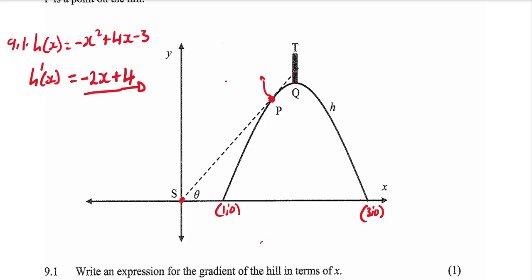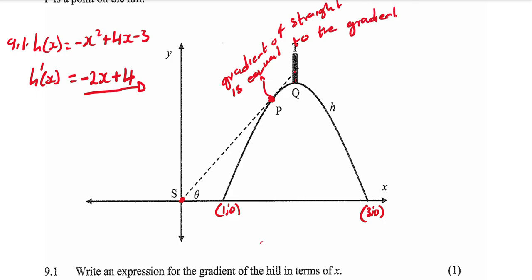The gradient of the straight line, I will call it a straight line, I won't say a tangent. The gradient of this straight line is equal to the gradient of the hill, or parabola.